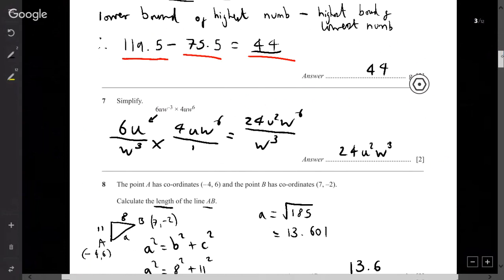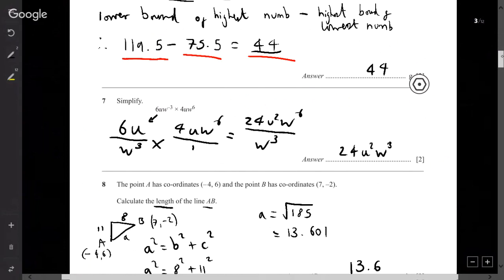And then since we've done that, we'll write out the other term in the same format so that we can times them together. Because this is positive, that's just over 1 as it is. So then we're going to times these together. First of all, 6 times 4 is 24. U times u is u squared. And there's no w on this side, so this is simply w to the power of 6 times 1, which is w to the power of 6.